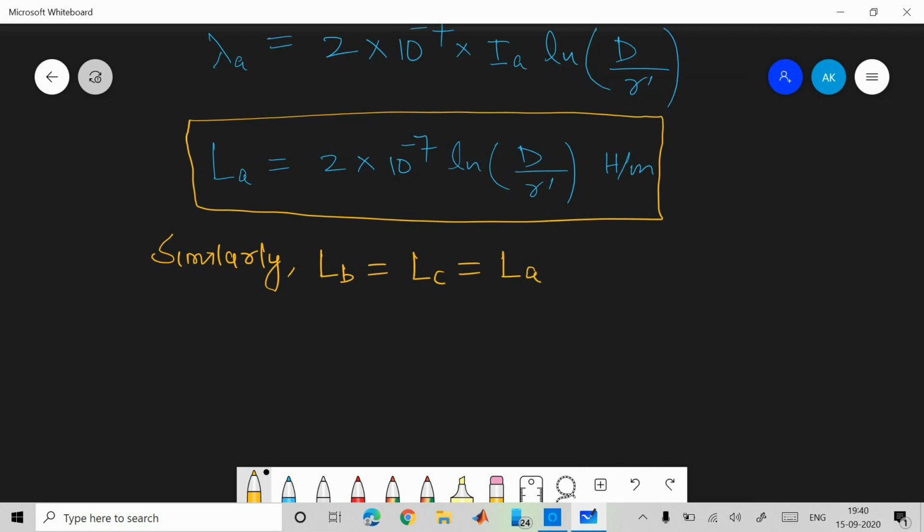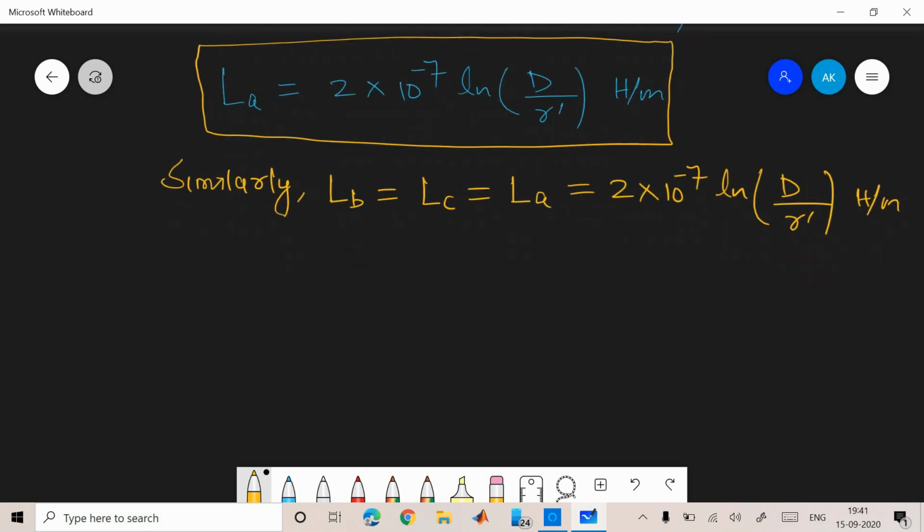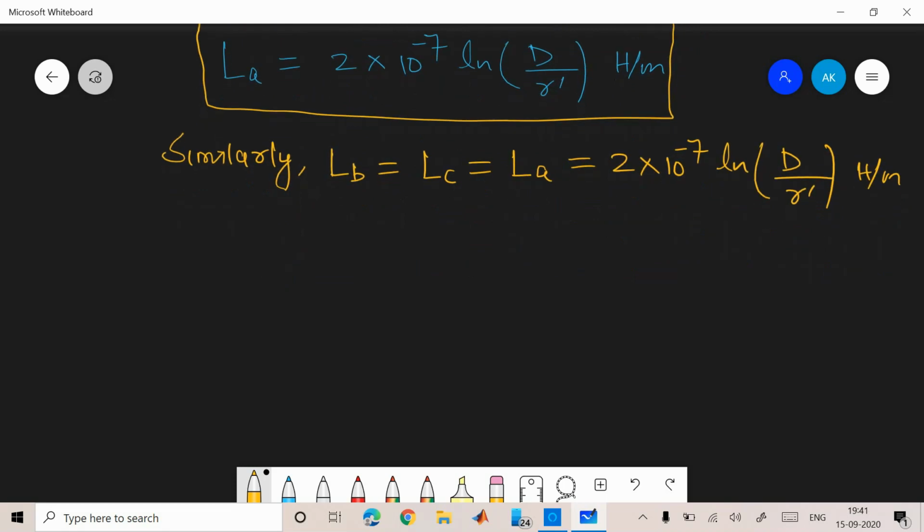Meaning the inductance of all the phases, LA equals LB equals LC, is 2 into 10 raised to power minus 7 ln D by R dash. All will be in Henry per meter. Also, this D and R dash are your GMD and GMR, geometric mean distance and geometric mean radius.